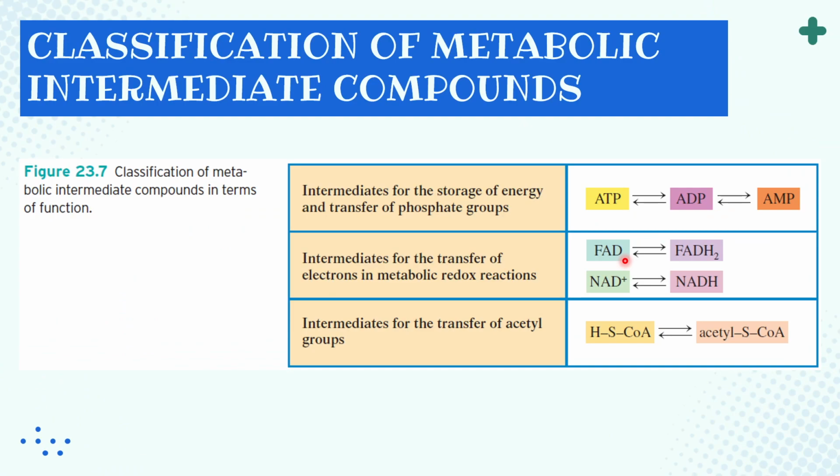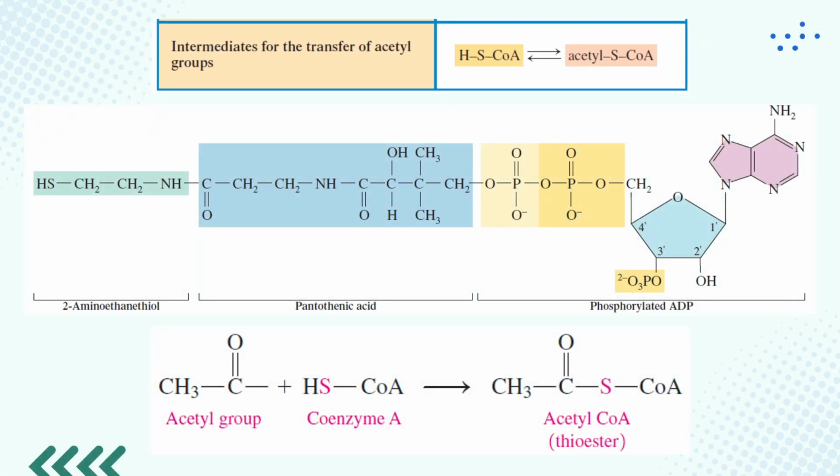So, for the last classification of your intermediate compound, there we have your coenzyme A. Now, your coenzyme A, ito, this is its shortcut na chemical na form, or this is how you write down coenzyme A if gusto nyo siya i-shortcut.